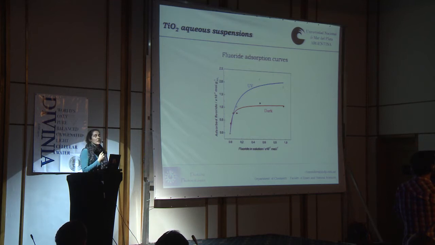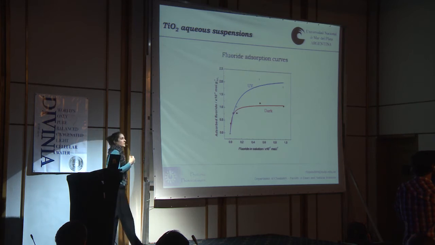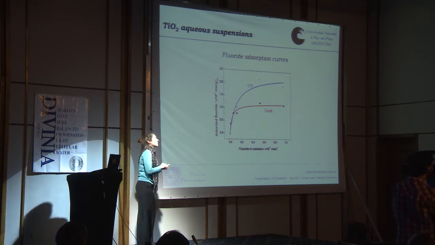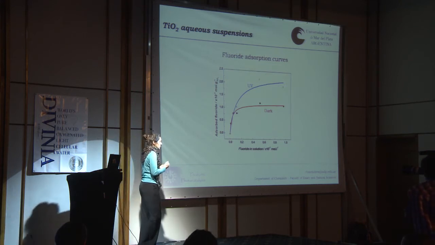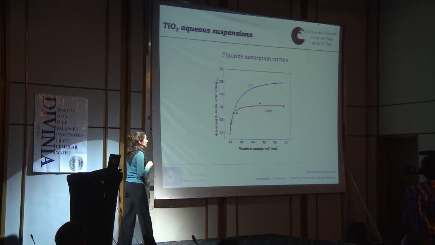is this something only belonging to the layers, or maybe we find this phenomenon also in suspension. So we tried to study suspensions as well, and we found the same.